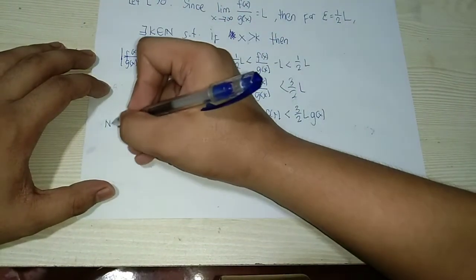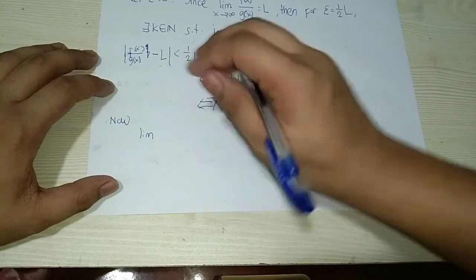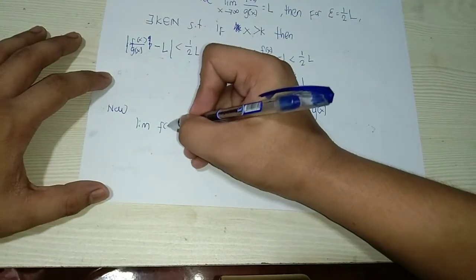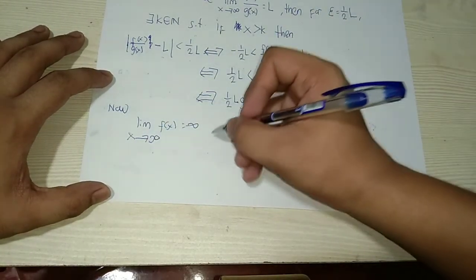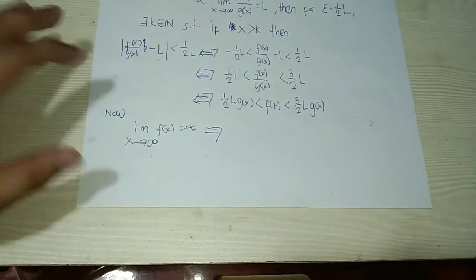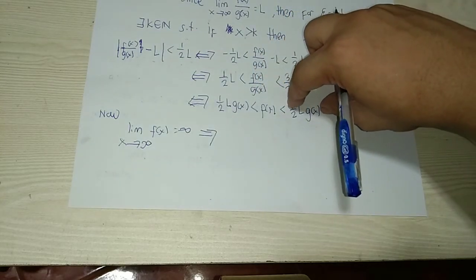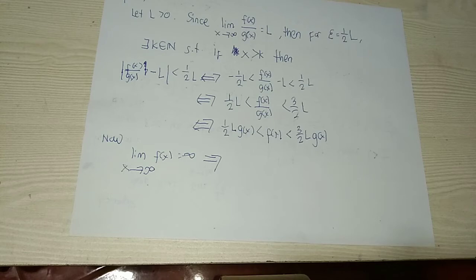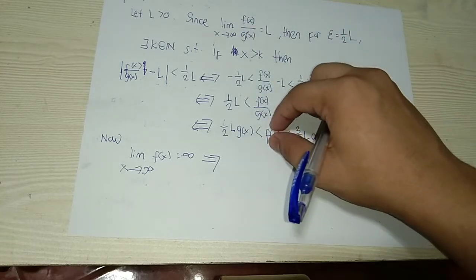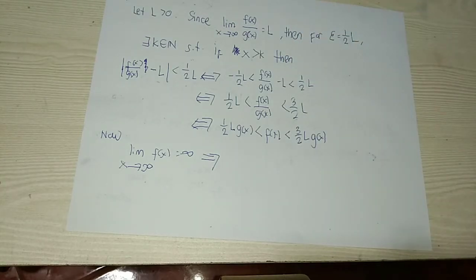Now, we will use that. Going to the hypothesis, the limit of f of x as x approaches infinity is infinity, implies that, if f of x is less than 3 over 2 L g of x, then by our theorem on infinite limits in the previous lesson, when the lesser function approaches infinity for all x, the greater one also approaches infinity.